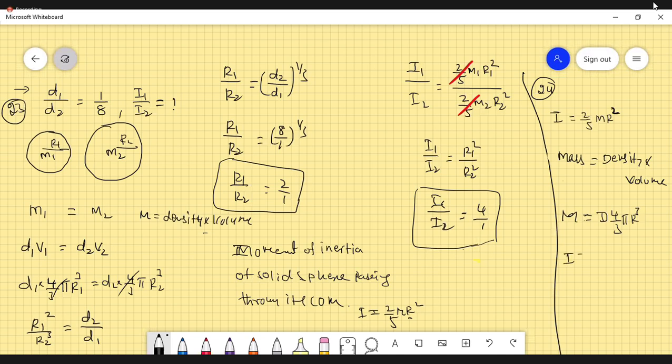I equals 2 by 5 into mass, which is density into 4 by 3 pi r cube, into r square. How much will you get? I equals 2 by 5 into 4 by 3, 8 by 15 d pi r cube into r square. 3 plus 2, 5, so r to the power 5, kg meter square.